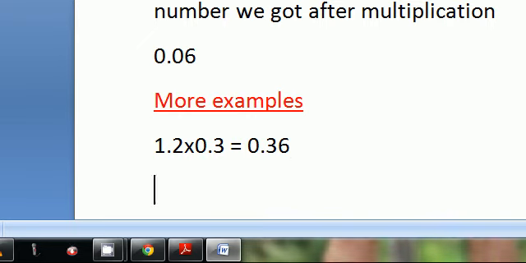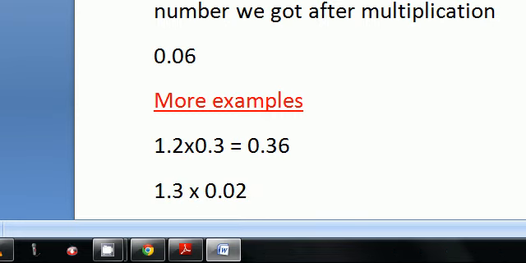Now let's take another example. 1.3 multiplied with 0.02. We will multiply the numbers without considering the decimal. So 13 multiplied with 2 gives us 26. Now we have to move back how many decimal places?